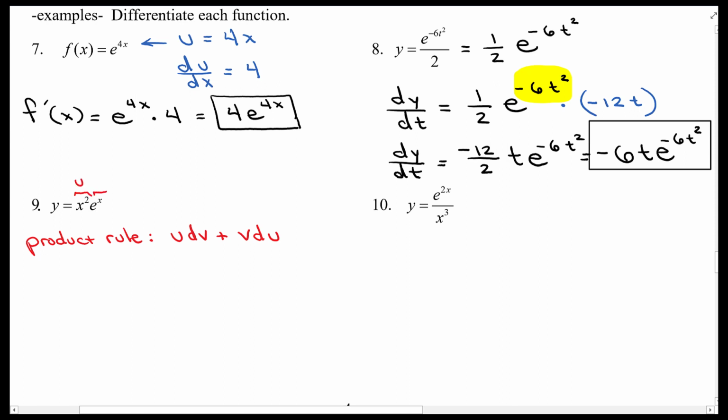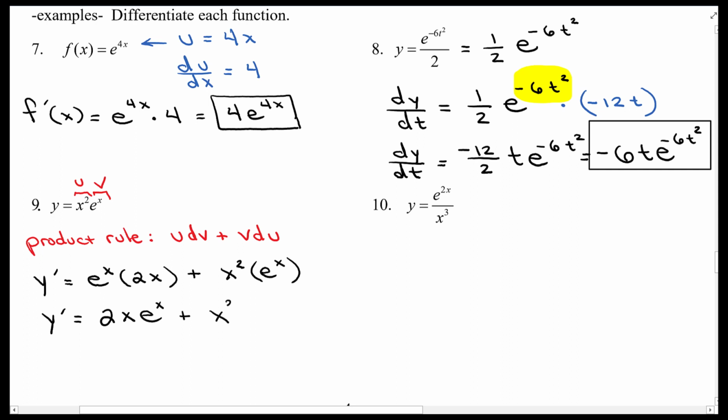I'm going to label x squared as u, and I'm going to label e raised to the x as v. Therefore, y prime is equal to e raised to the x power times (2x) plus x squared times (e raised to the x). Y prime equals 2x e raised to the x plus x squared times e raised to the x power.